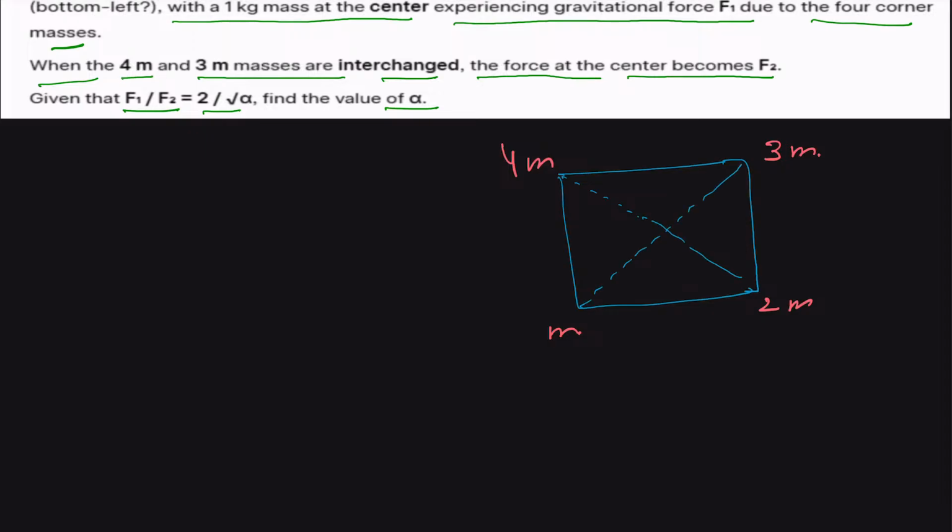At the center there is another mass, and we have to find out how the force is going to change when there is an interchange of mass.